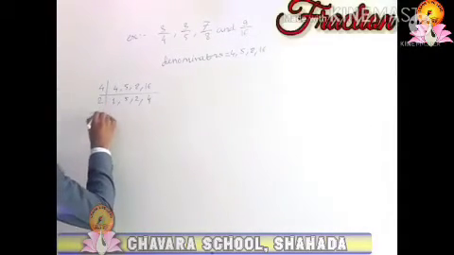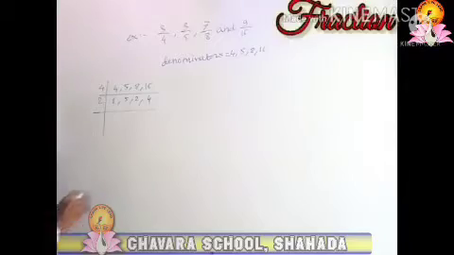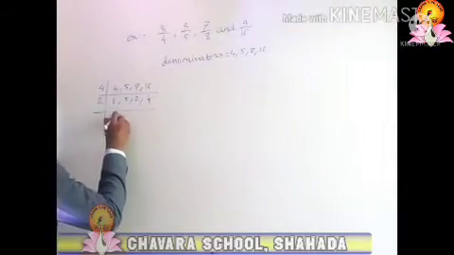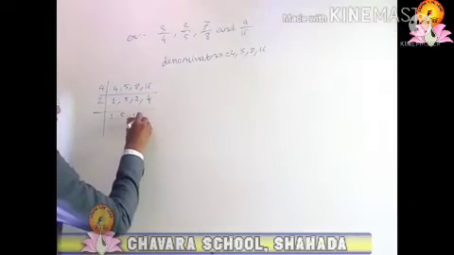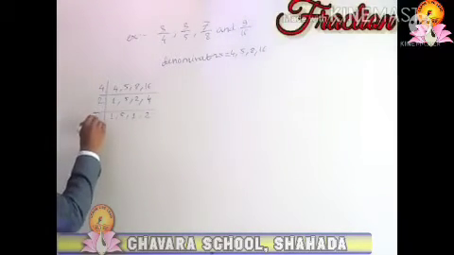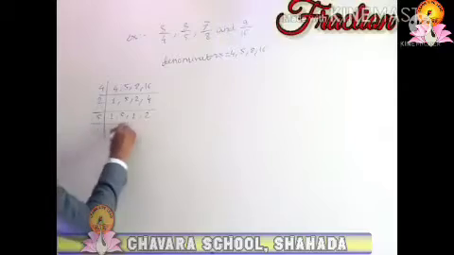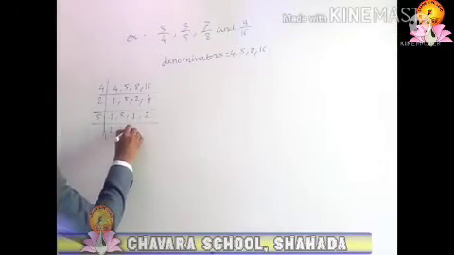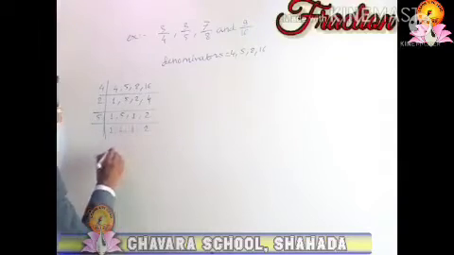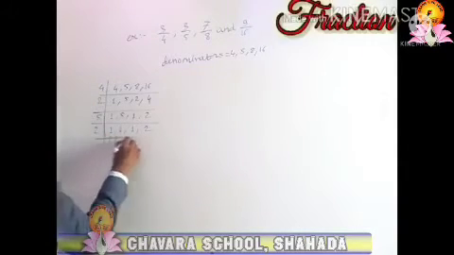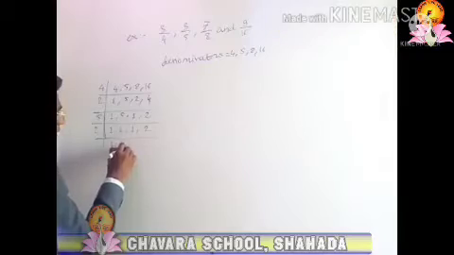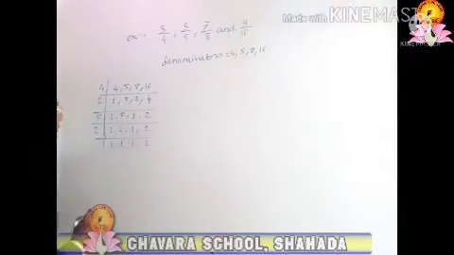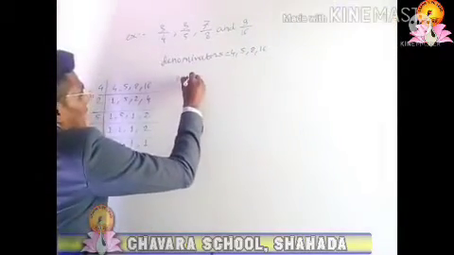Now by taking any one value which can divide any two numbers, then 1 will be as it is, 5 will be as it is, 2 ones are 2 and 2 twos are 4. Again by taking any value which divides these values, then 1 will be as it is, 5 ones are 5, 1 and 2 will be as it is. And at last the two remaining values, that is 1, 1, 1 and 2 ones are 2. This is how we got the LCM.